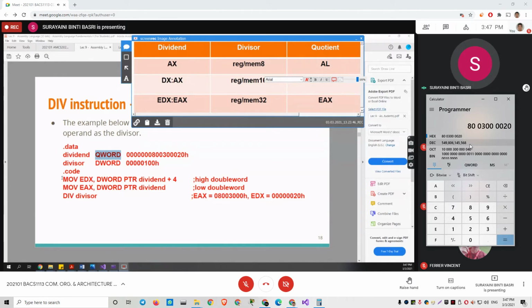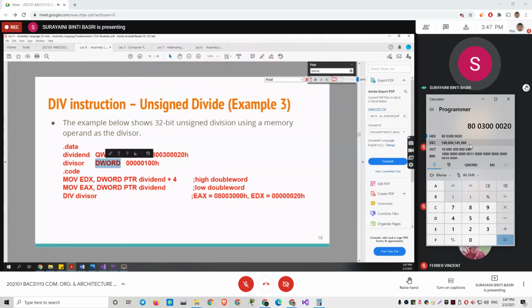First you need to move the dividend into this EDX and EAX. But you can see here the dividend is a qword, meaning double of this. Of course your EDX and EAX cannot store a qword directly. So that's why we extract. If you remember, this PTR is the function to extract some value from the variable. So this is a dword, so that's why you extract this size of dword to put in the EAX.